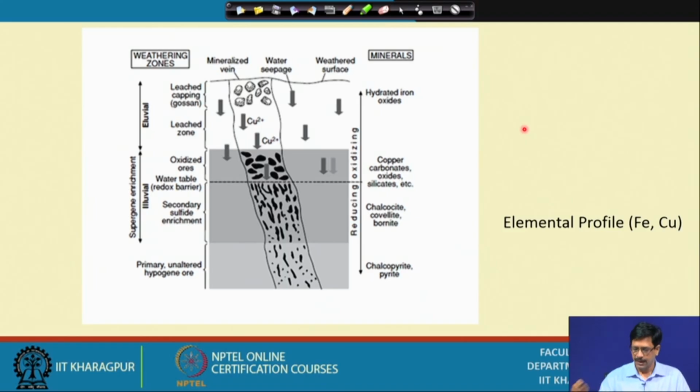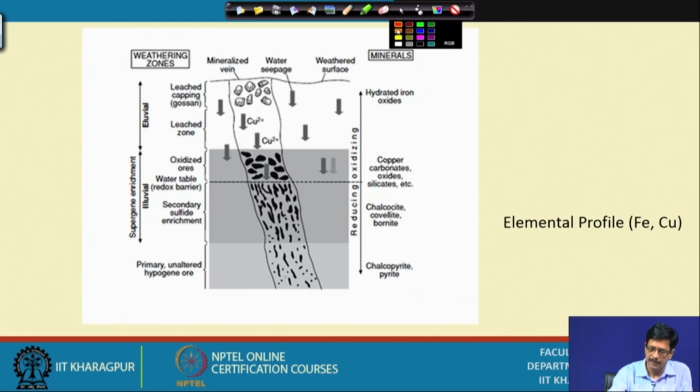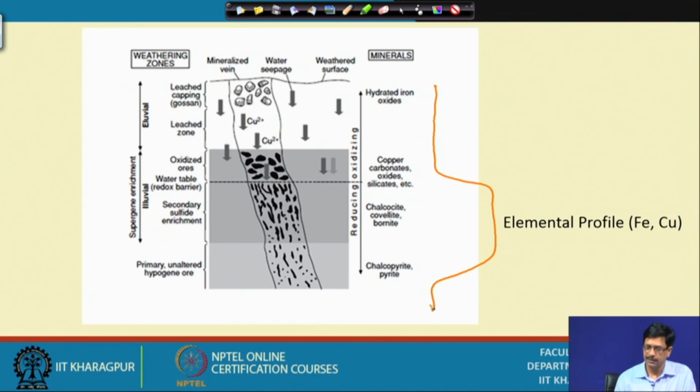If you look at this situation and take a profile of the elemental concentration, then you will get something like this. Say we are doing it for copper. Copper will be something like this, with an increased concentration in this zone, and goes to the normal value, because below this secondary sulfide enriched zone we get the primary ore and the copper value decreases.